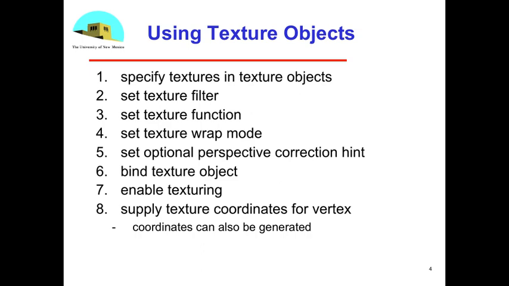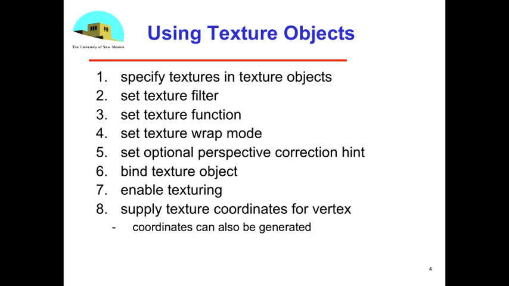We also can use the shaders, and there's an example I think in the book of doing that, and I won't be talking about it here, is that we can also generate the texture coordinates. Since it's just another attribute that's being passed along, there's no reason why you couldn't set the texture coordinates directly within either the vertex shader or the fragment shader and get a much more flexible mechanism for doing texture mapping.